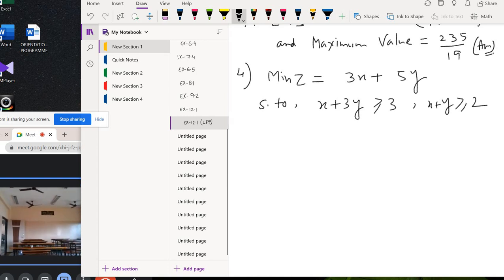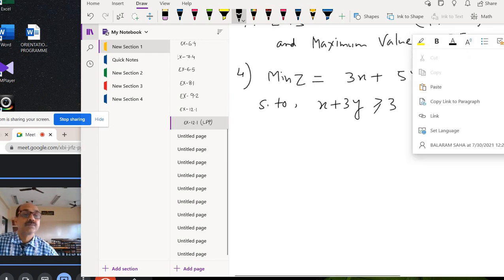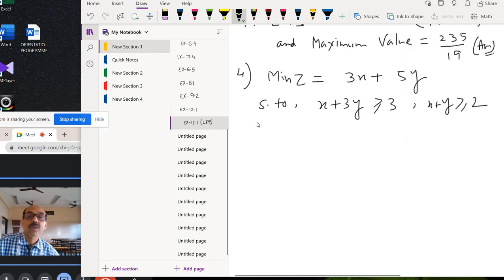X greater than equal to 0 and y greater than equal to 0. Okay.